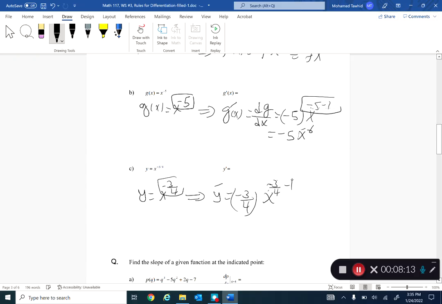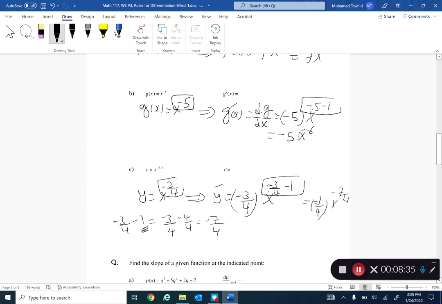So that is your n minus 1. If I simplify that, negative 3 over 4 minus 1, I could write 1 as 4 over 4, which gives negative 7 over 4. So x to the power negative 7 over 4, and that is our derivative.